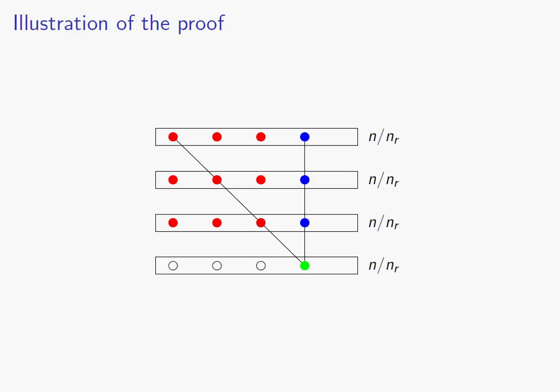This comes from the astronomical number of colors we used in our induction hypothesis. Now, if we look at the point that's indicated as green, this integer is the tail of a 4-AP from the vertical line, which starts with 3 blue integers, and also the diagonal line, which starts with 3 red integers.